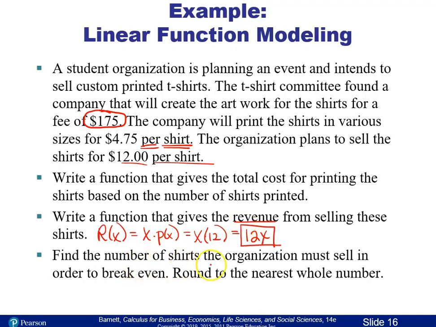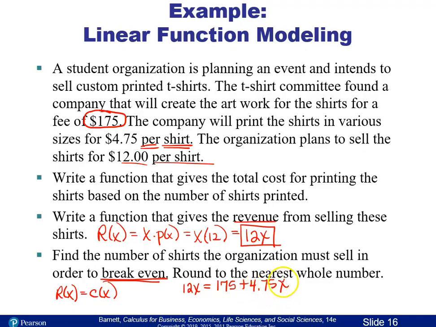All right, and then find the number of shirts the organization must sell in order to break even. Okay, so break even is when the revenue is equal to the cost. We found the revenue equation, we found the cost equation, so we need to set them equal to each other. Our revenue was 12x, and our cost function was 175 plus 4.75x.